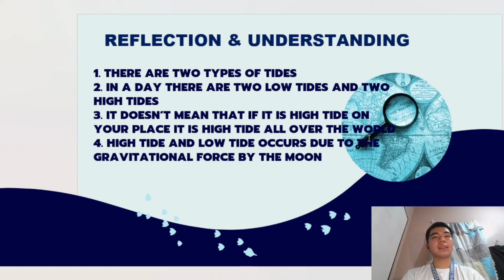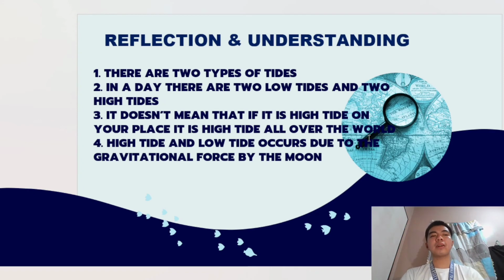When we say high tide, of course, the sea level rises. And for low tide, the sea level is low. Next, in a day, there are 2 low tides and 2 high tides. In our vernacular language, sa usa ka adlaw, kaduha mo hunas o kaduha pud mo taog.